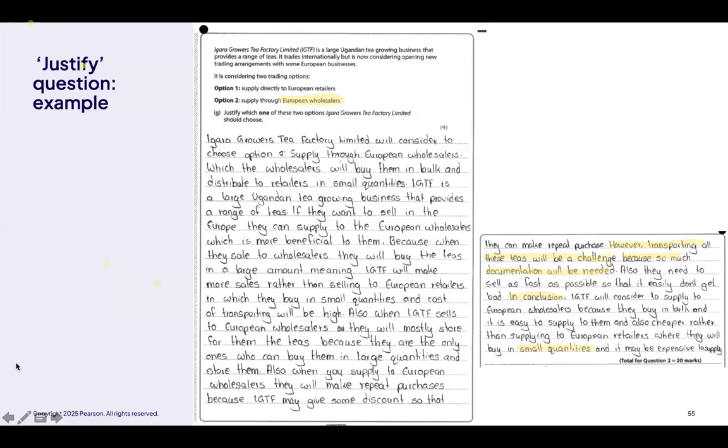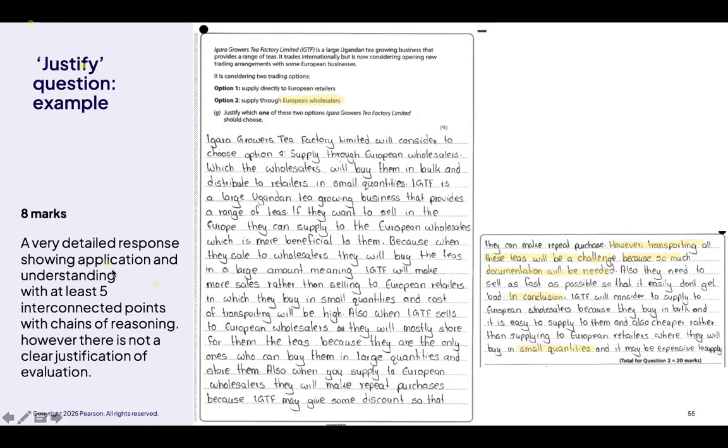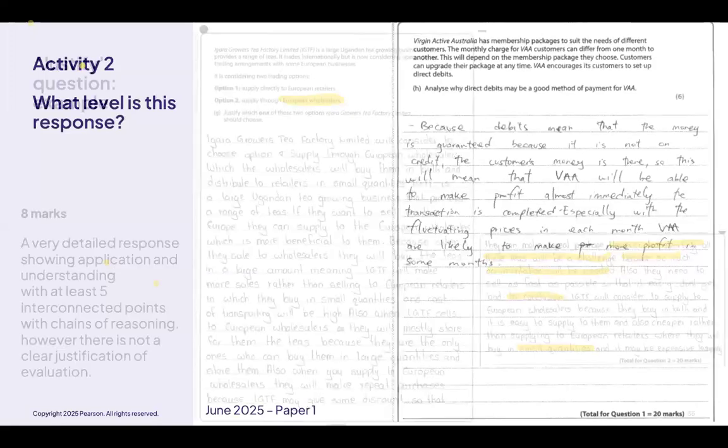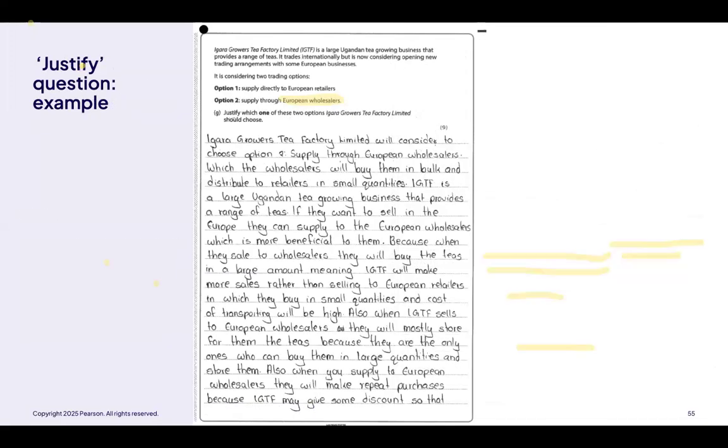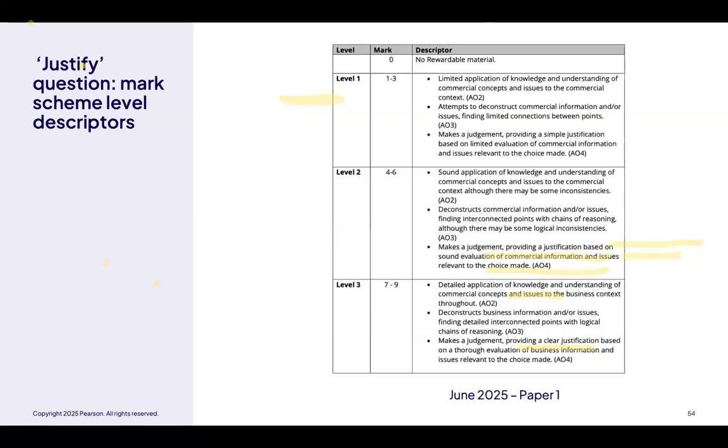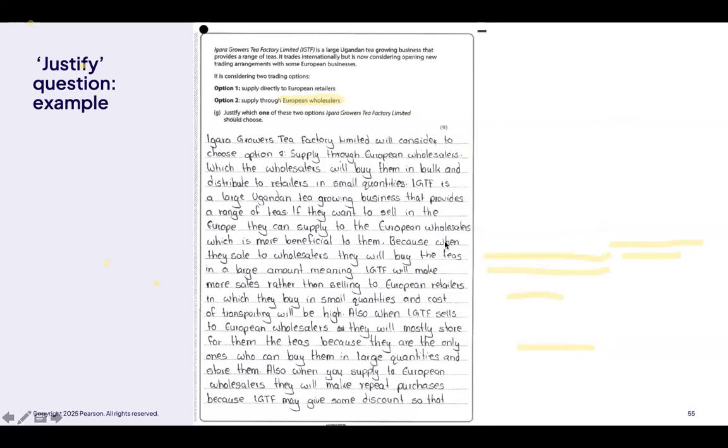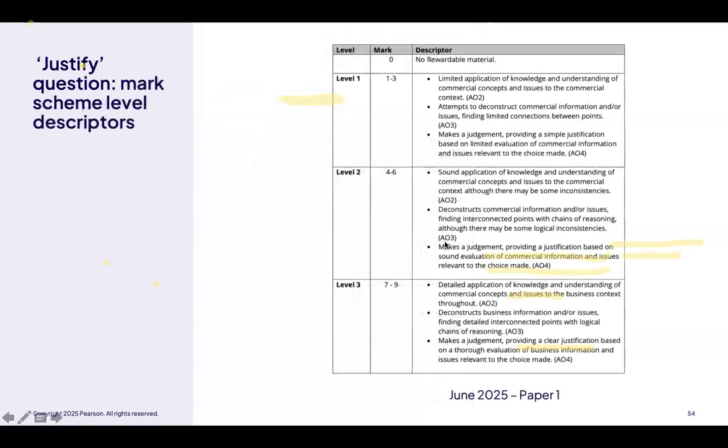Let me just take us back. Forgive the annotation on there. So look at the last bullet point in each box, please. The level 1 descriptor, for evaluation, makes a judgment providing simple justification based on limited evaluation.